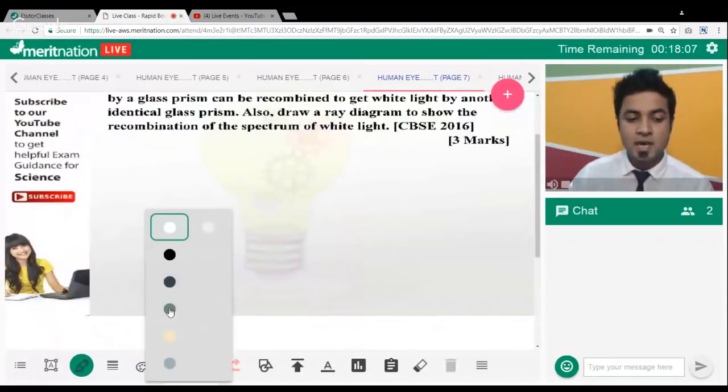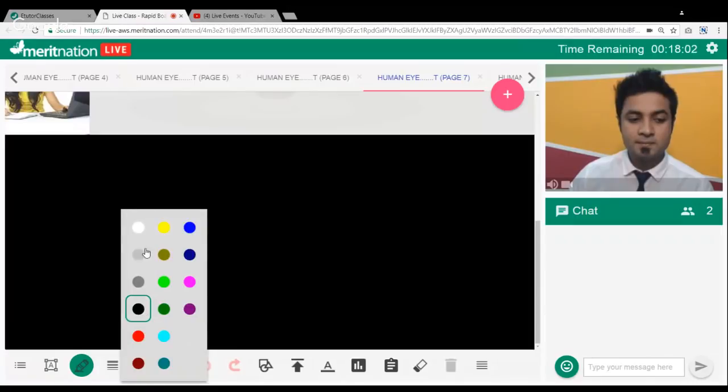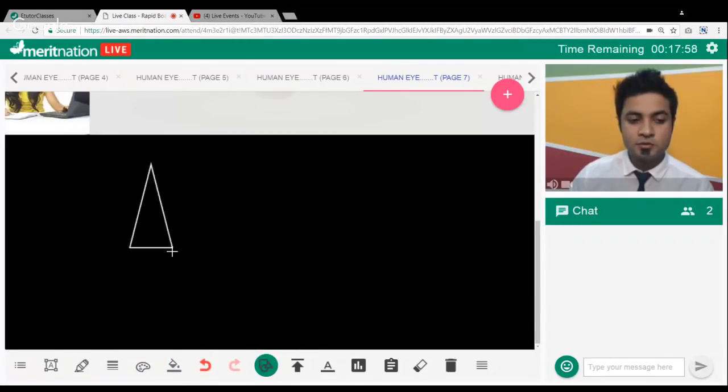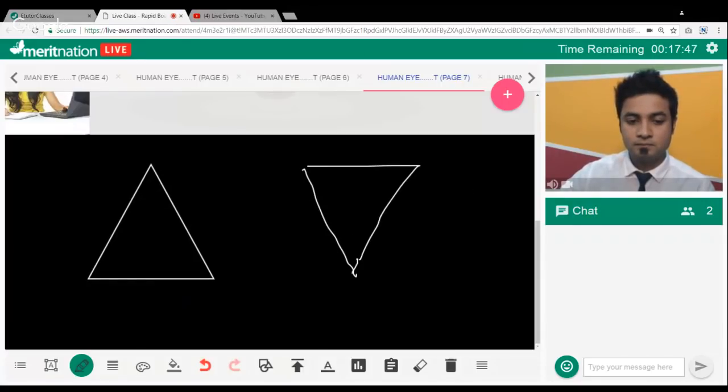Okay, so what is happening, if you see the two glass prisms, guys, if you take two glass prisms, suppose I take one up in this way, and the other I have to take in the opposite sense, right? So it is going to be like this.